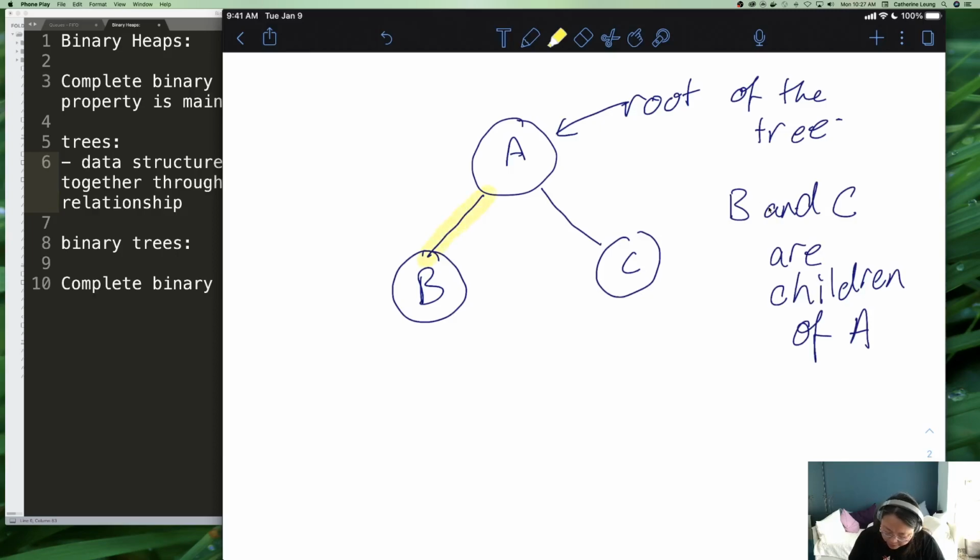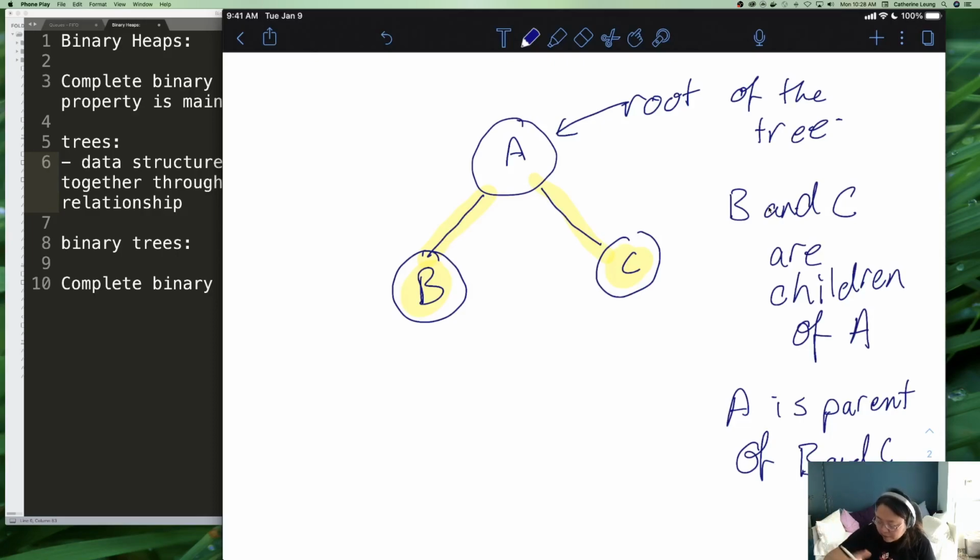There's one link from A going down to B, so B is a child of A. Similarly, from A, I go down one link, I get to C. C is a child of A. Now, if B and C are children of A, then A is the parent of B and C. So B and C are children. A is the parent of B and C.